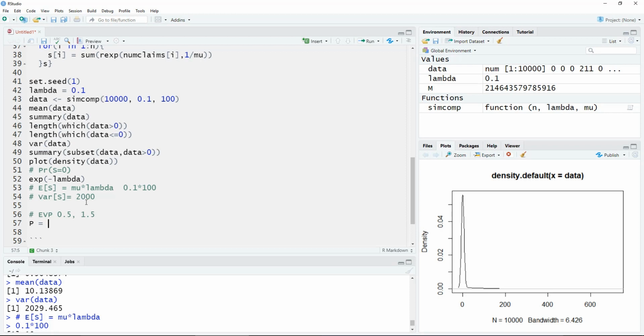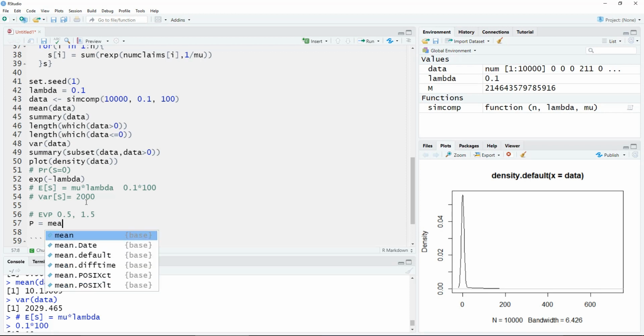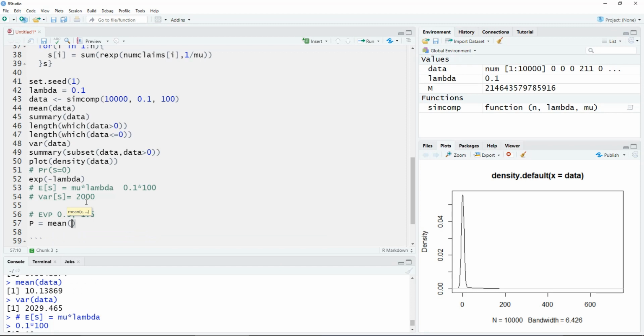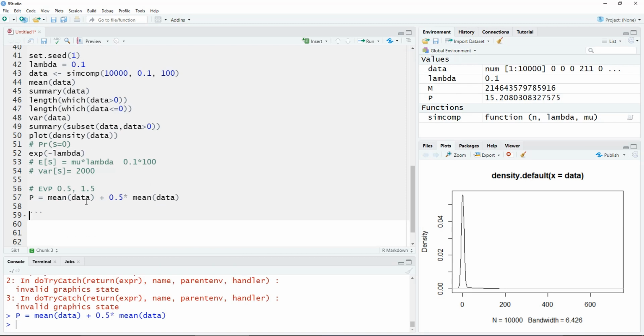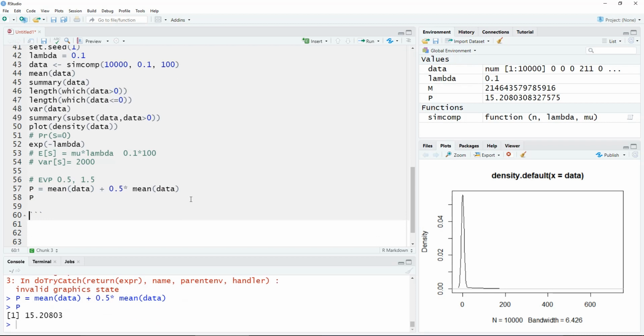So P will be mean of data plus 0.5 times mean of data. So P will be 15.2. This is the premium which is calculated using the security loading of 0.5.